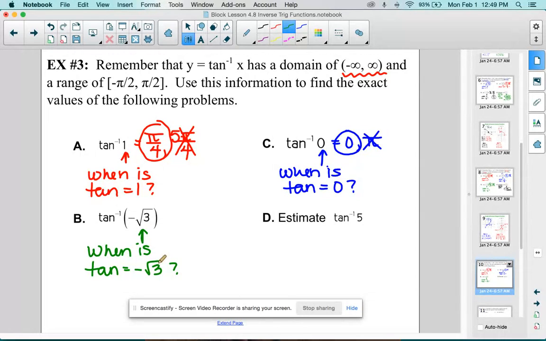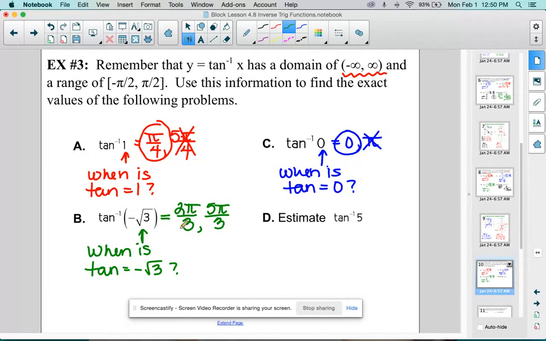For right now, tangent is radical 3 at pi by 3. It's negative when we're in the second quadrant, so that would be 2 pi by 3, or the fourth quadrant, which is 5 pi by 3. So second quadrant and fourth quadrant.